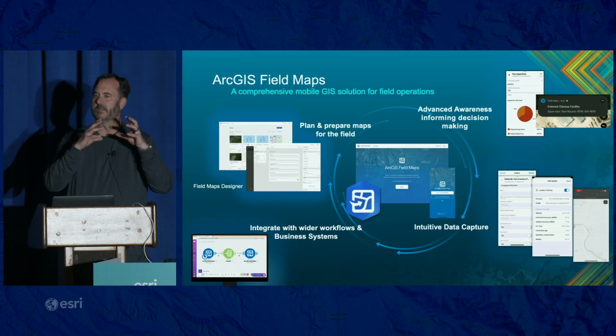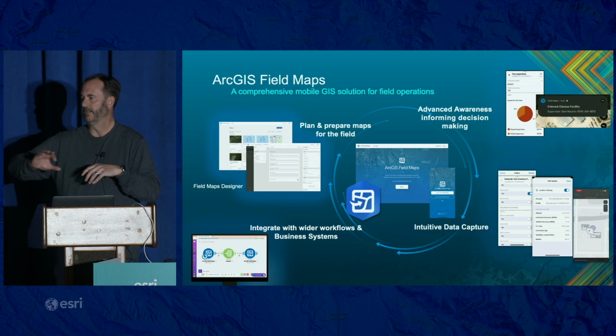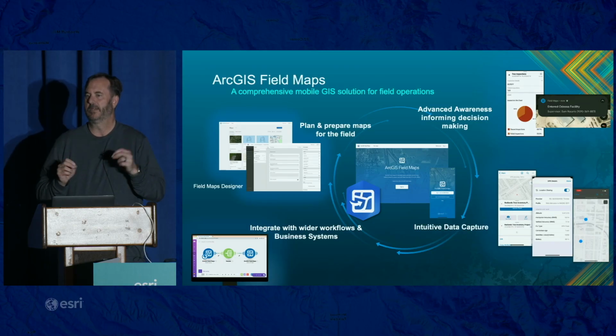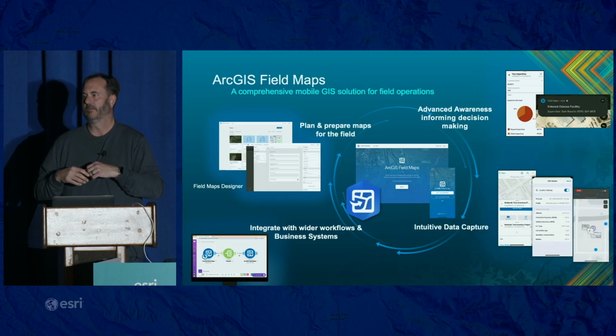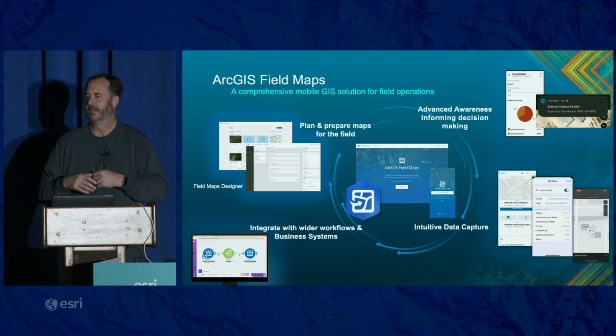So you can start with the designer and stay in that application and deploy your mobile workforce without having to ping pong around using the home app, going to the map viewer, going to the item details to set settings around the services, all of that stuff. We want to keep you focused on getting your job done so you can build and deploy maps as fast as you can.